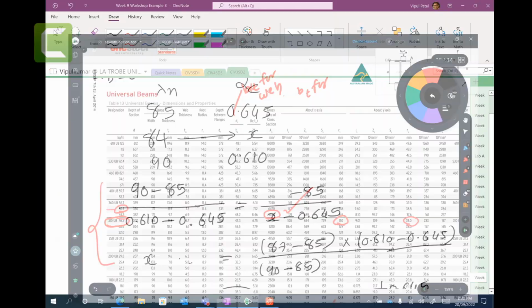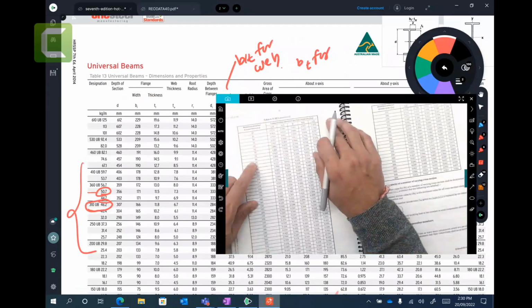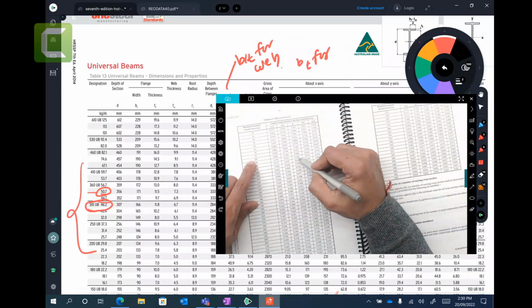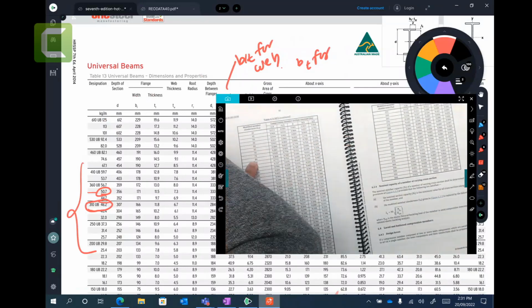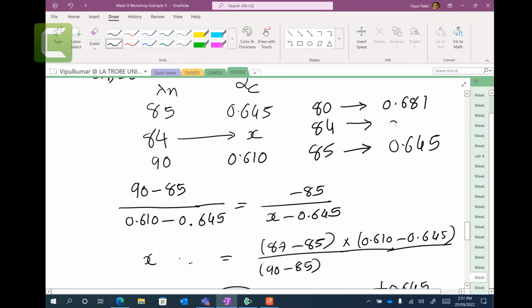We need to take another one, between 80 and 85. For 80 it is 0.681, then 84, and 85 is 0.645. So what would this one be?